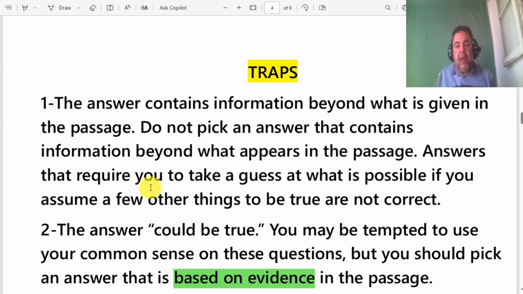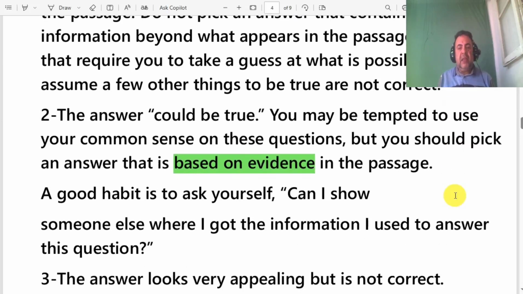Avoid answers that require you to guess at what is possible if you assume a few other things to be true. If an answer leads you to the probability that it may be true or not, don't choose it. Let's move on to the next trap that you face in your TOEFL reading section.